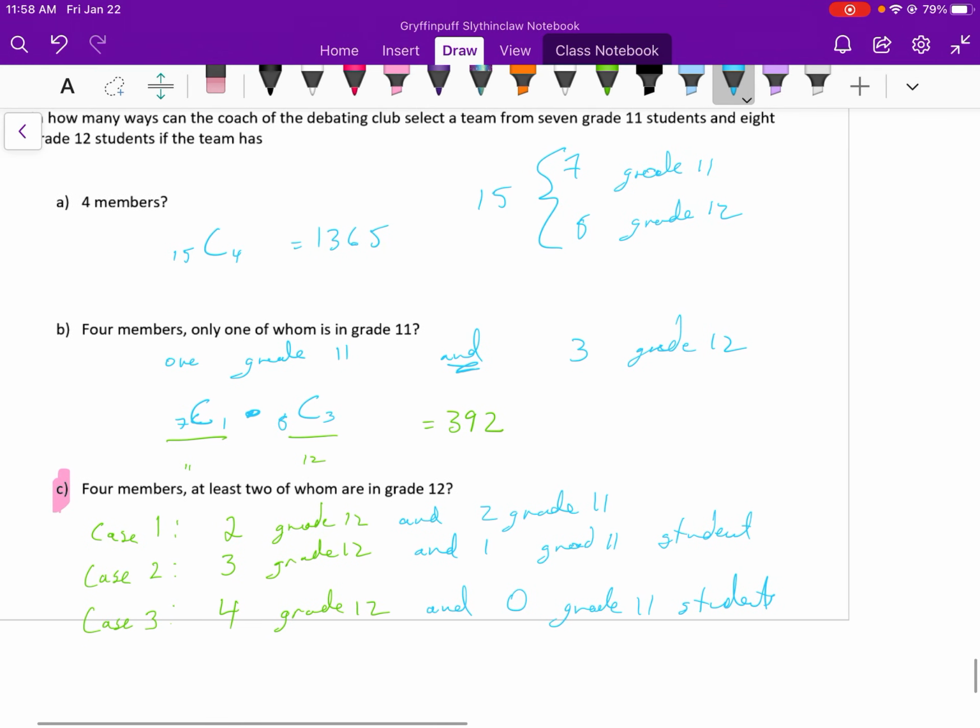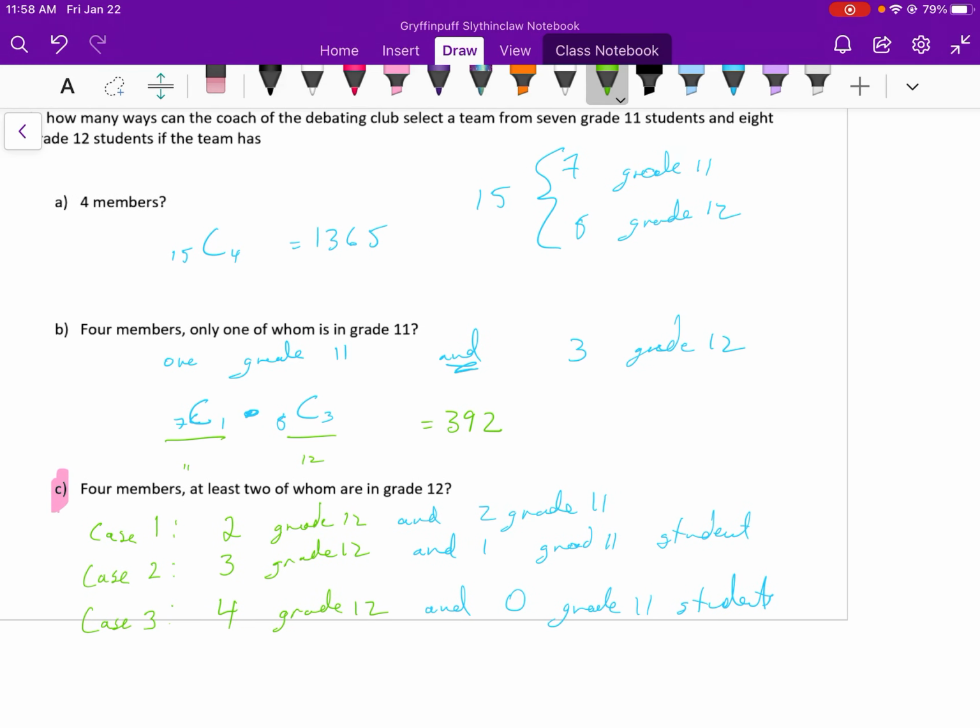Keep in mind for grade 12, there's a total of 8 grade 12 students. In case 1, I have 2 grade 12 students, so out of 8, I'm choosing 2. And for grade 11 students, out of 7, I'm going to choose 2.